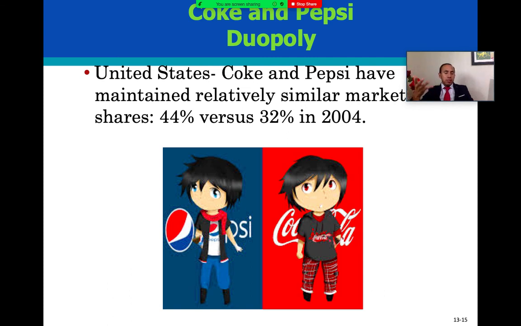They have maintained similar percentages, but in this case, Coca-Cola controls 44% in the US and Pepsi 32%. So roughly 76% of the market is controlled by these two firms, with the remaining share held by other companies. So this is considered a duopoly when they control most of the market.